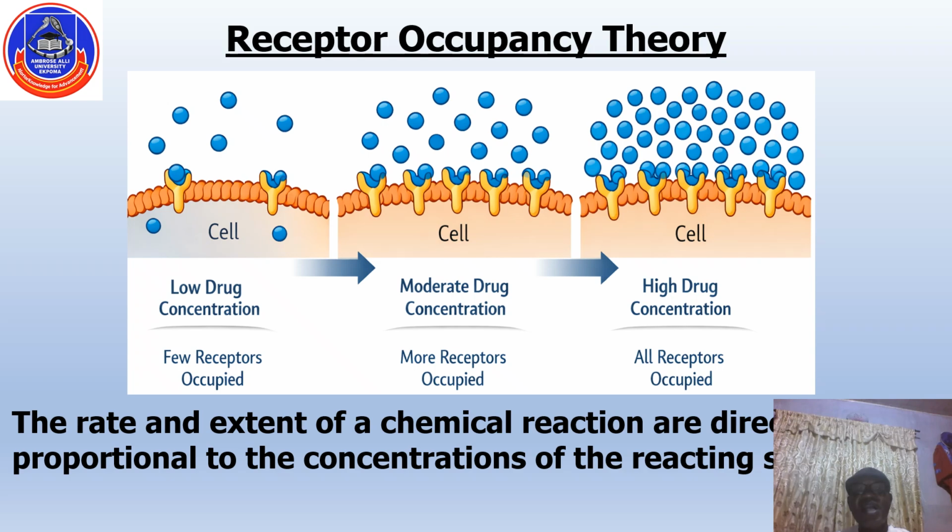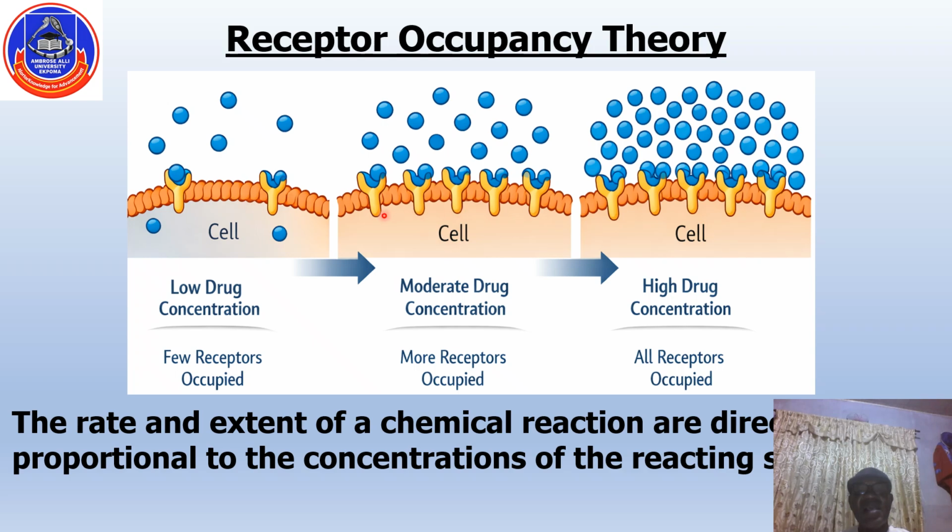This picture describes the receptor occupancy theory with a few receptors and low or high concentration. Low effect of drug will occur, and as the receptor and drug concentration increases, so is the effect. This is because receptors are all saturated. From my left here, you have fewer receptors and drug molecules.